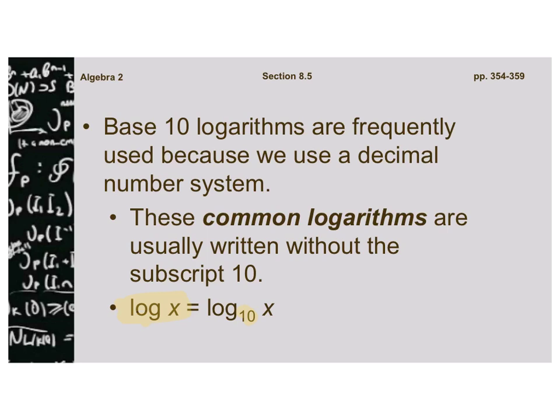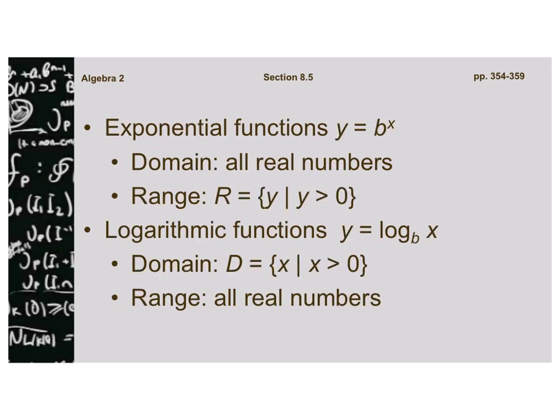If you look on your calculator, most scientific calculators will have a log, just log x. So you can find log base 10 of anything on your calculator. That's what your common log is, just log.